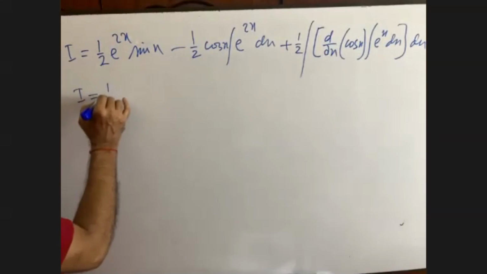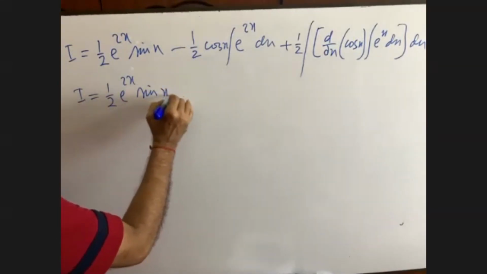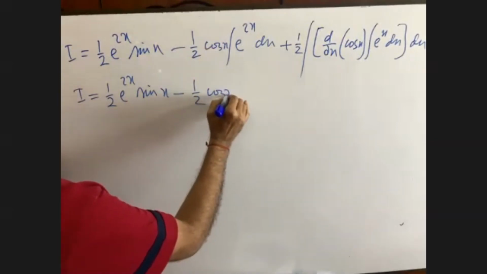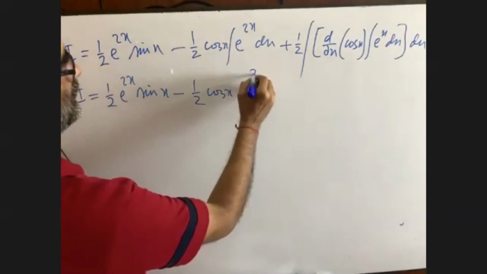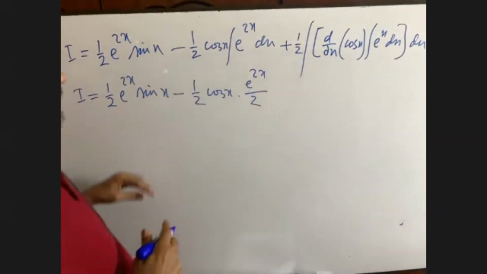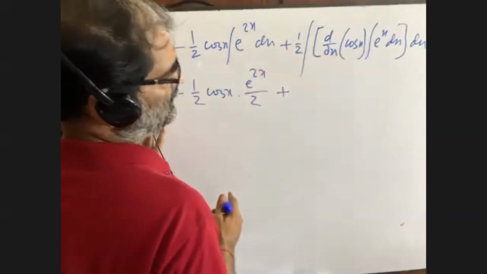That is I equal to half e to the power 2x sine x minus half, it is cosine x, not a matter, cosine x e to the power 2x by 2. Okay. It is what? Plus half cos x. Cos x is minus sine x.